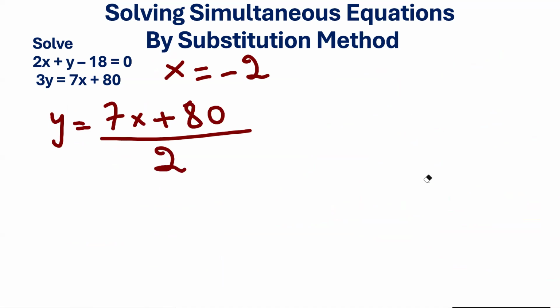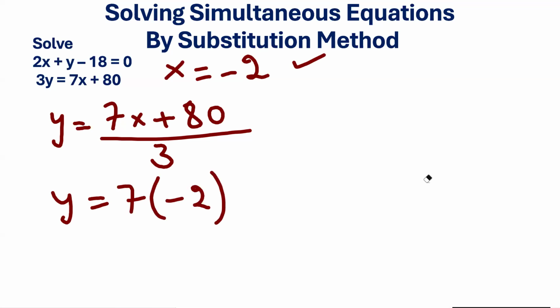Y is (7x plus 80) divided by 3. We are substituting the value of x, which is minus 2. Y is equal to 7 multiplied by minus 2 plus 80, whole divided by 3.